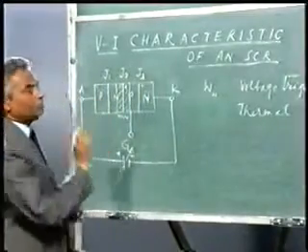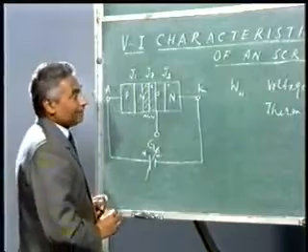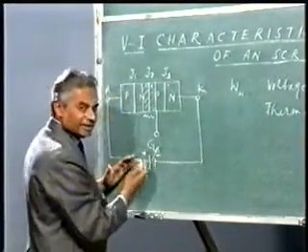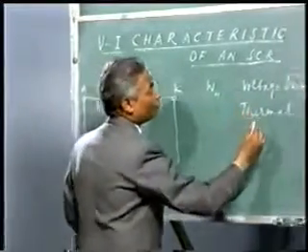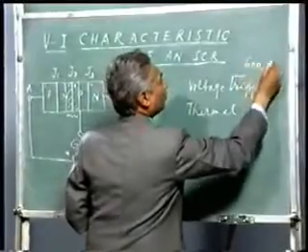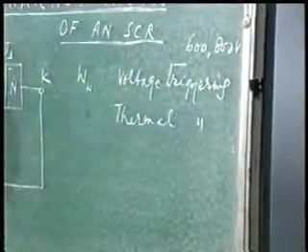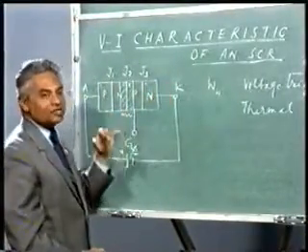But both of these methods are not very popular, because in voltage triggering, we are increasing the voltage and we have to go to a very high voltage, say 600 volts or 800 volts, and at that particular voltage this device is going to conduct, and doing it at that high voltage has no meaning.